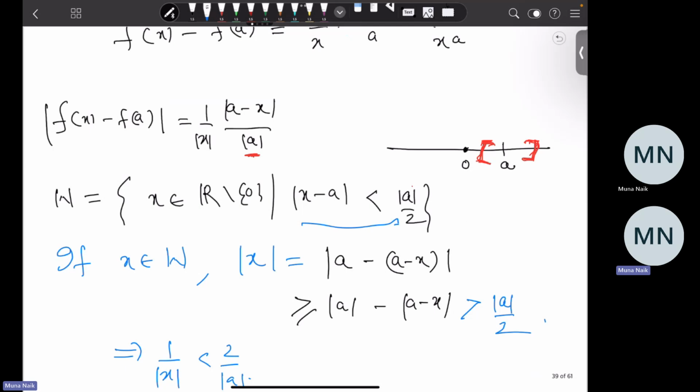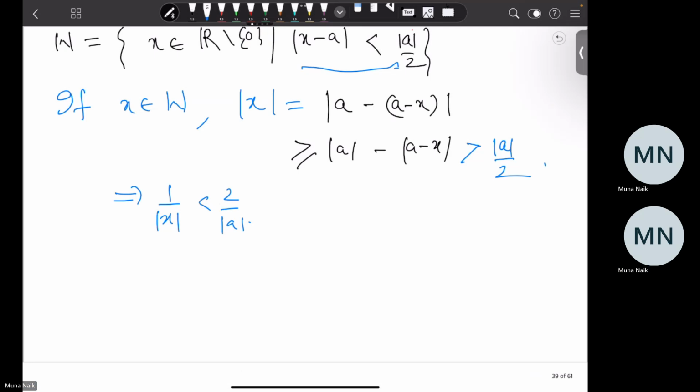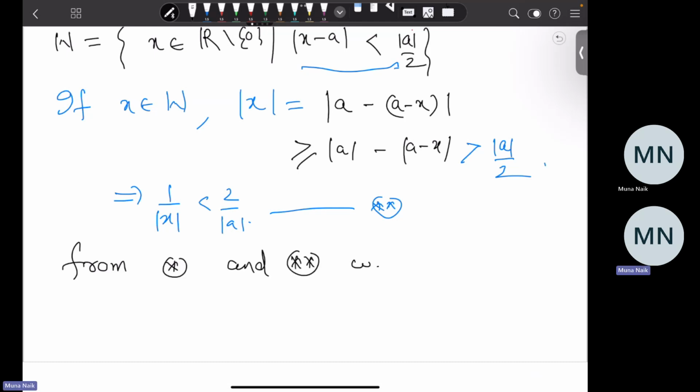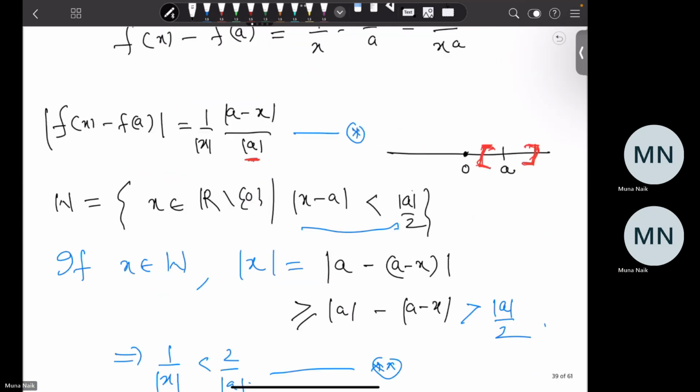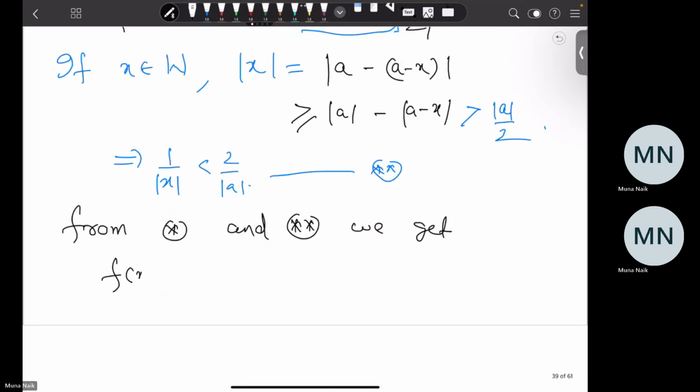So you call this star, and call this double star. From star and double star, we get this thing: f of x minus f of a.